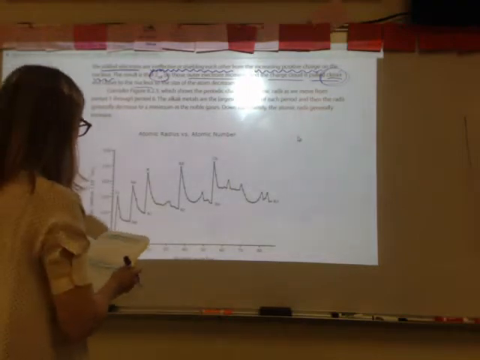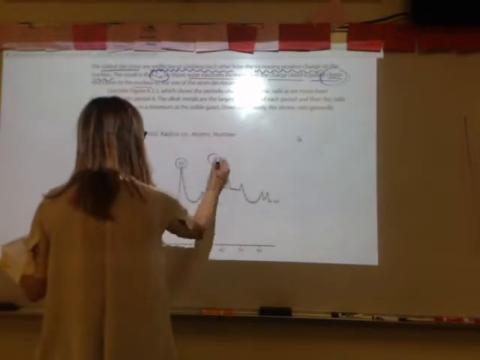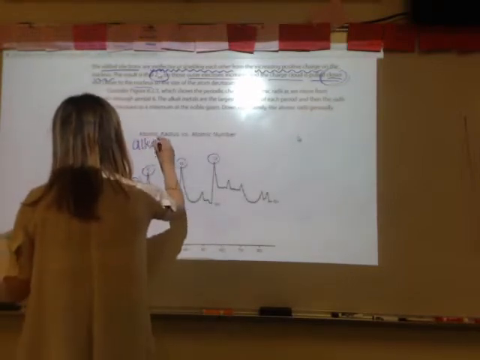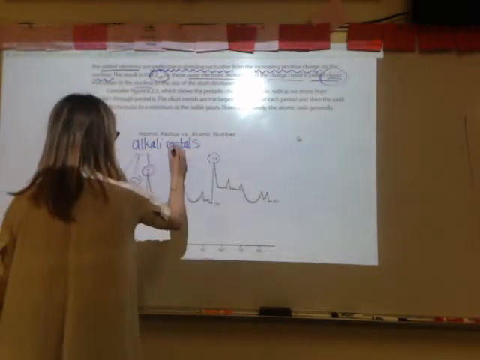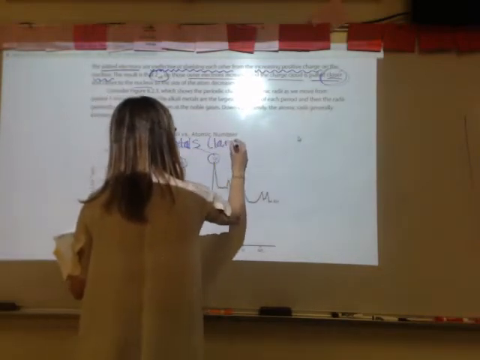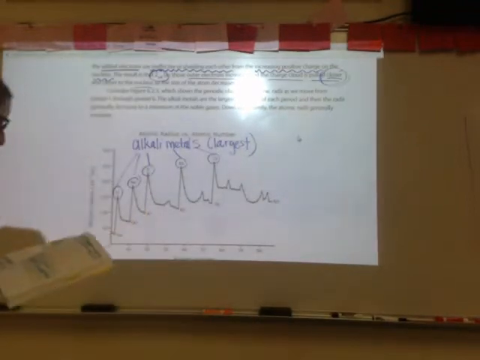Here you will notice that the alkali metals, which are here, these are the largest members of each period.